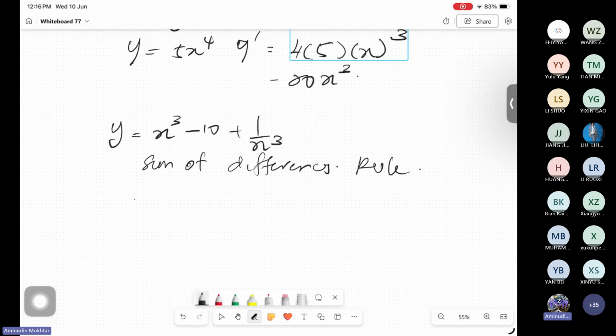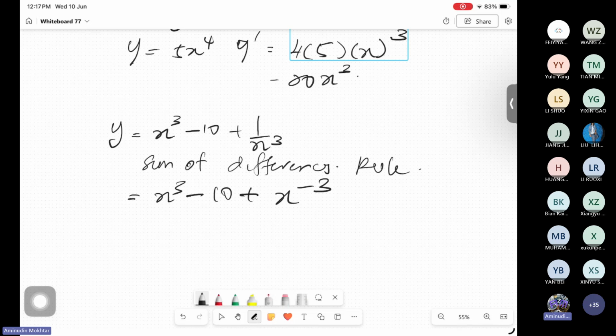This question can be written as x cubed minus 10 plus x to the power of negative 3. It is the identical question for y. The question must be in one line in order to find the differentiation.